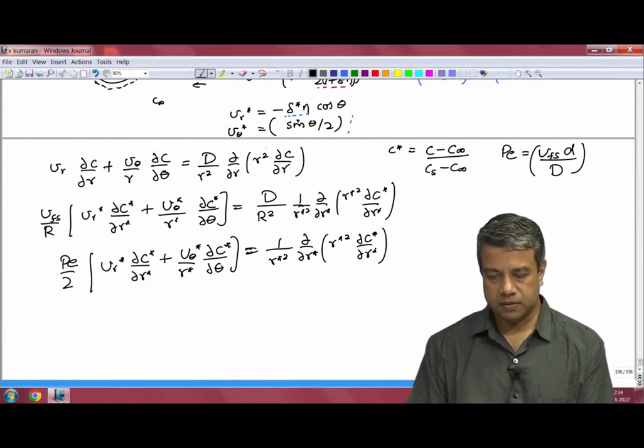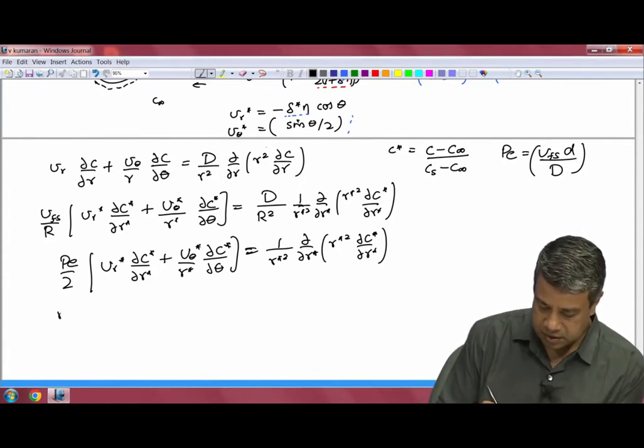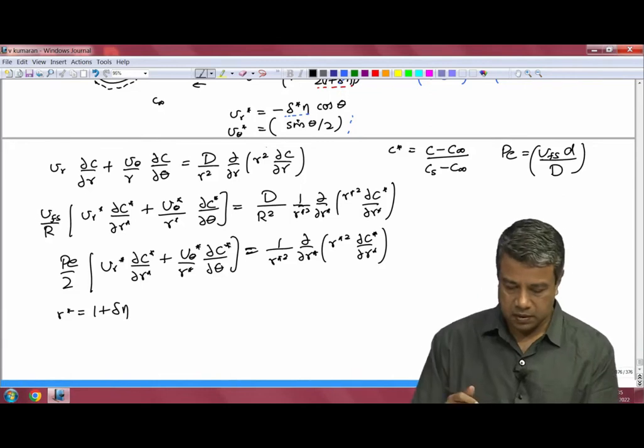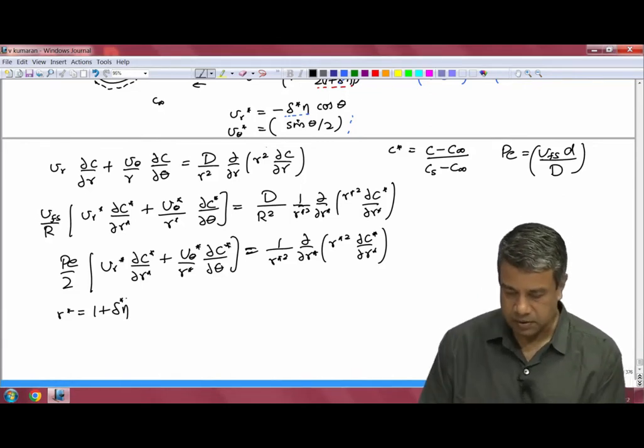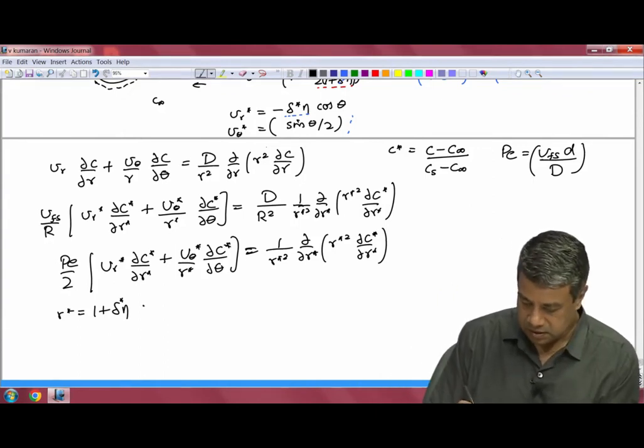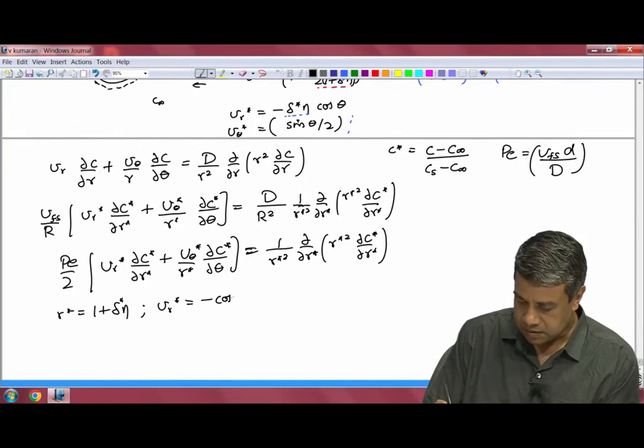Now, I have to substitute r star is equal to 1 plus delta eta, where delta star is the boundary layer thickness. V r star is equal to minus cos theta delta star eta.